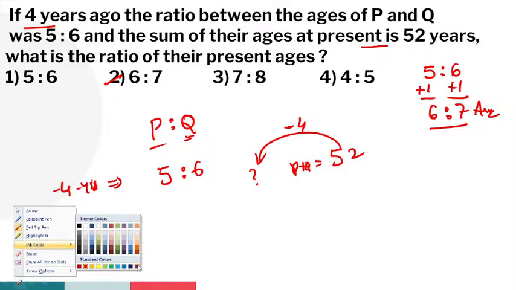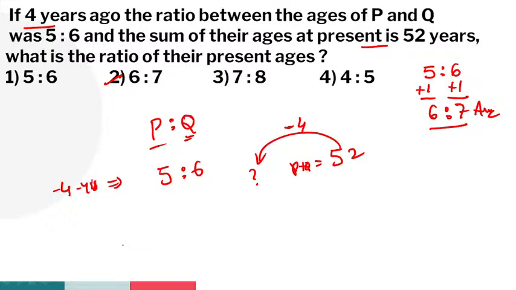The present sum of the two persons' ages is 52 years. 4 years ago their ages were how much? Okay, so 44 years, guys, here 44 years.